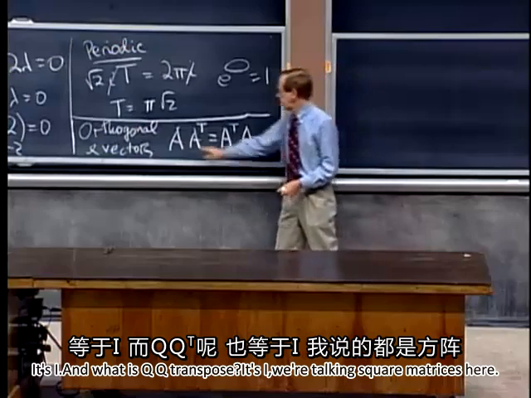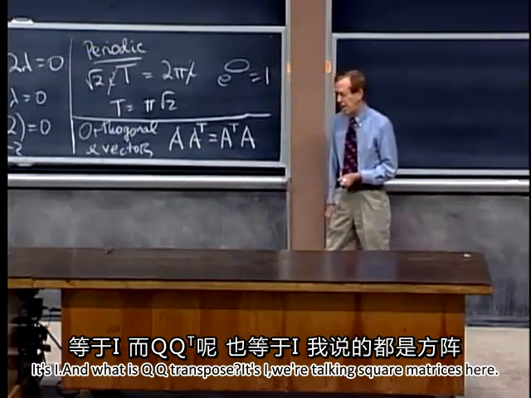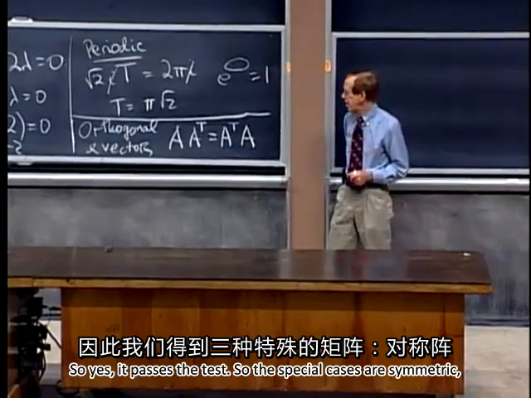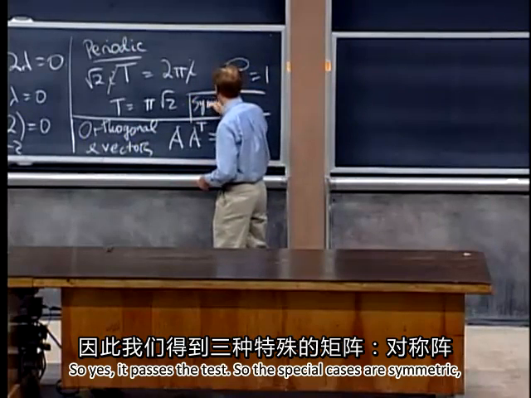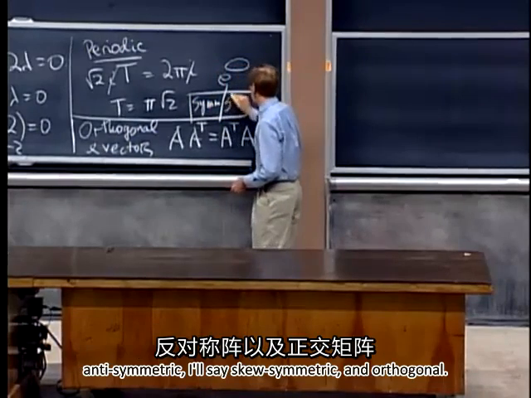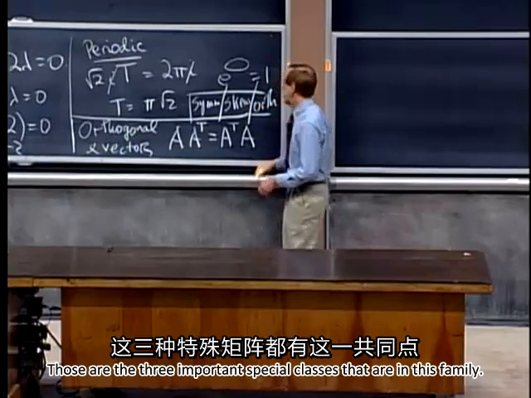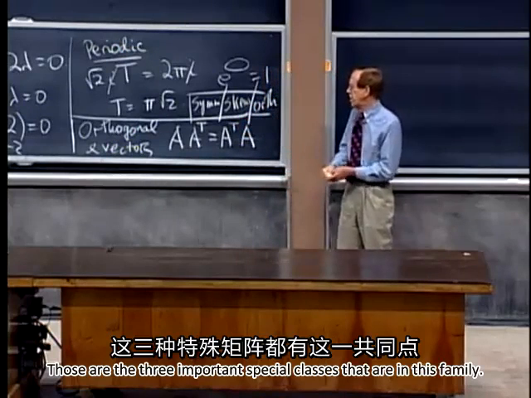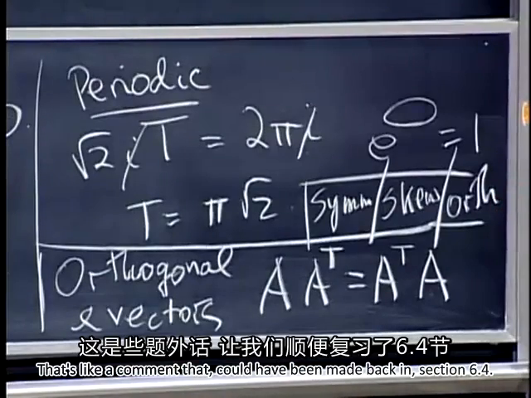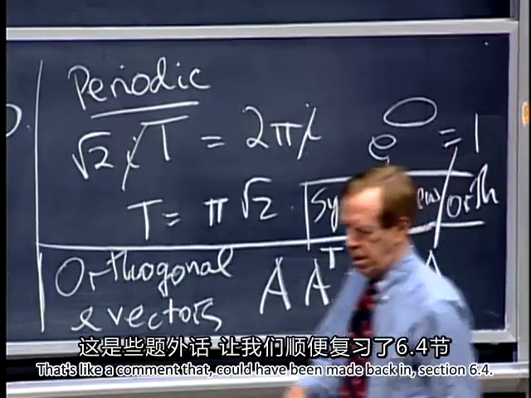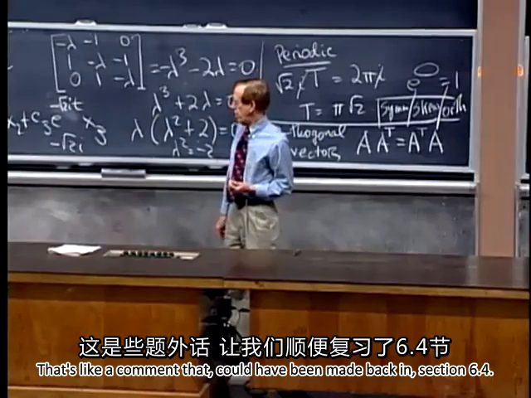It's I. And what is Q Q transpose? It's I. We're talking square matrices here. So yes, it passes the test. So the special cases are symmetric, anti-symmetric, I'll say skew symmetric, and orthogonal. Those are the three important special classes that are in this family. Okay, that's like a comment that could have been made back in section 6.4.